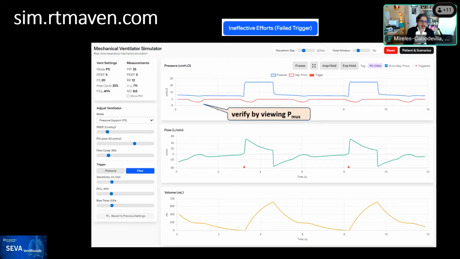I was going to just comment, Rob, sorry. An important thing here for the team, especially as I know there are a lot of educators here, and people that are training to read the PVI, is the benefit of having a simulator such as this one. If you know how the waveform looks on a passive patient and then you activate the PMUS, but you don't see the PMUS, the red line, then you can see where it starts and where it ends.